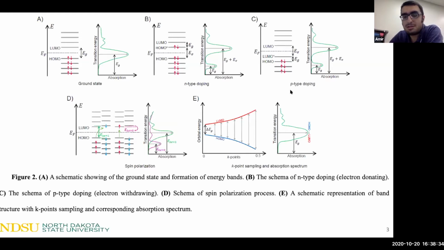Vice versa for the p-type doping, we decrease 2 electrons from the system, or inject 2 holes into the system, to have the p doping, and just wanted to show that 2 occupied orbitals are evacuated.